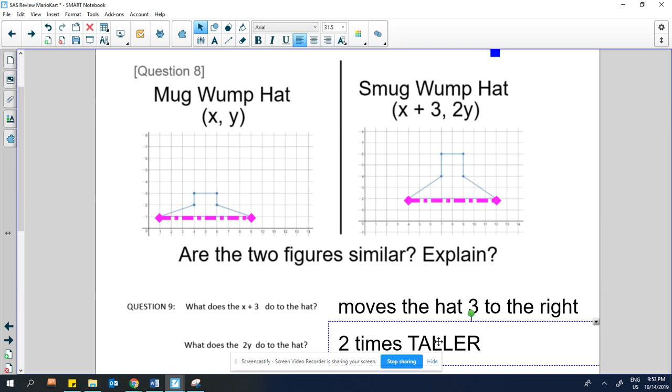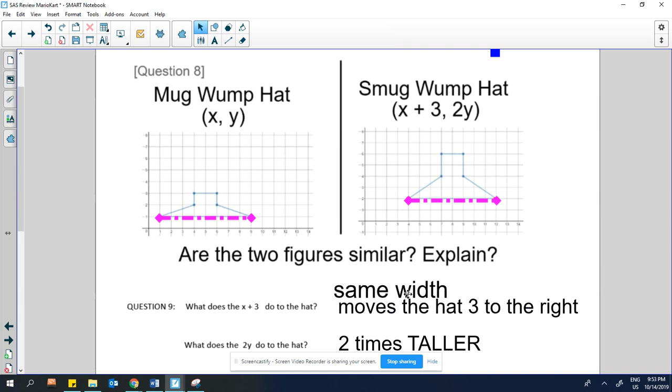And then I'm going to add here that we kept the same width because I think that's important. All right, so we moved the hat 3 to the right, kept the same width, and now my hat used to be, I can show you in blue, it used to be 2 tall, and now because I did 2 times y, now it's 4 tall.